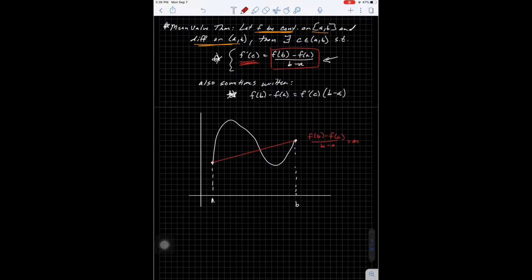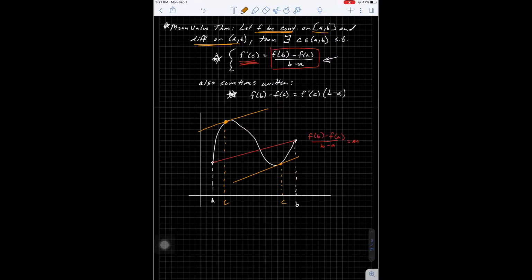Okay, so like on this picture, maybe right there is going to have, well, I don't know, close to an equal. We'll pretend like that's pretty close. Okay, that tangent line right there has an equal slope. Also there is a point right here where that tangent line is going to have the same slope. So these are the c values that the mean value theorem is saying.